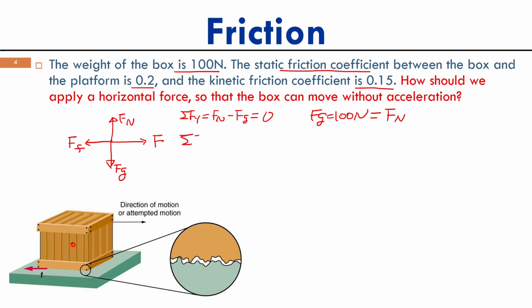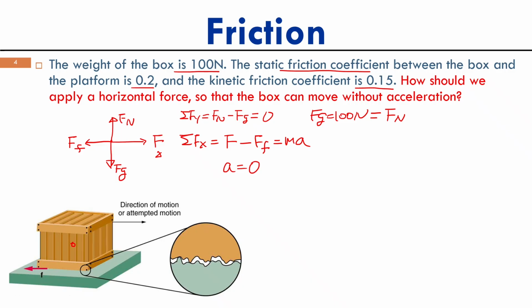Along the horizontal direction, there is this applied force, and the friction force is going in the opposite direction. Based on Newton's second law, it equals mass times acceleration. If we want to make sure it moves without acceleration, in other words, constant velocity, the acceleration should be 0. So how should we apply this force?